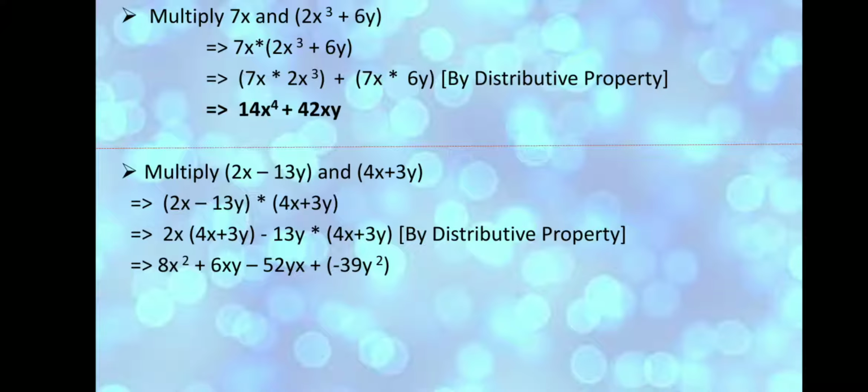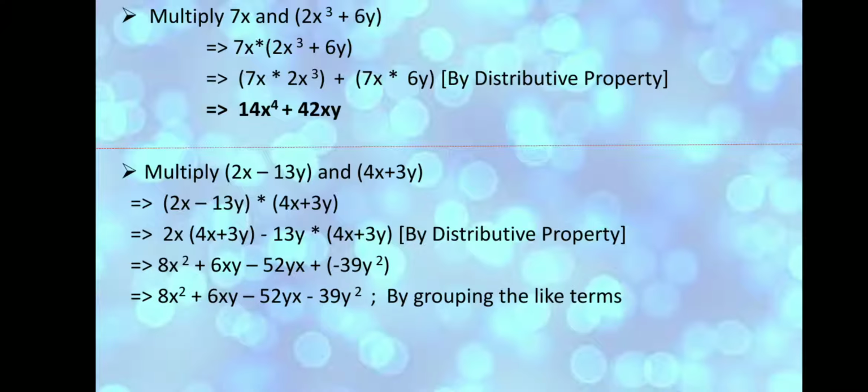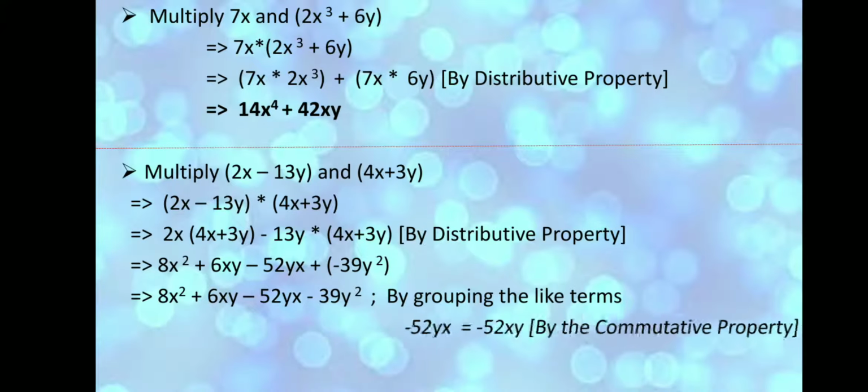Now, as we learned in the commutative law, if it is xy or yx, it will be the same. So then you will add xy and yx by grouping the like terms, and when you add both, what will you get as your final answer?